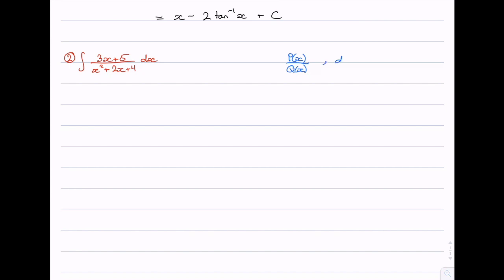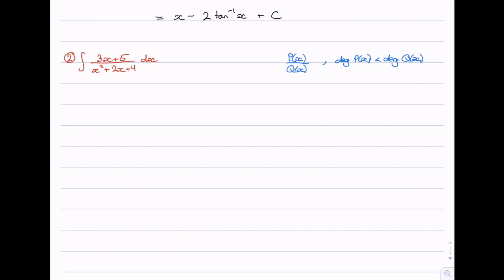So we also have that the degree of p of x is less than the degree of q of x, which means that we don't need to do any polynomial long division or any of the manipulations as we did in the first example in this example. Okay, so we have the degree of p of x less than the degree of q of x. And we have a polynomial of degree 2 on the bottom and a polynomial of degree 1 in the top.